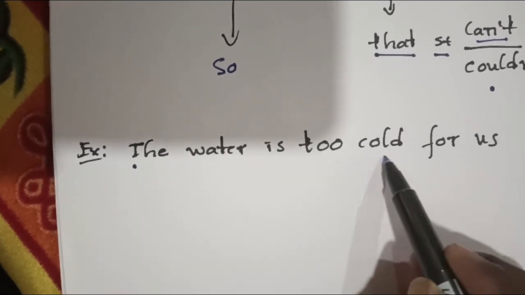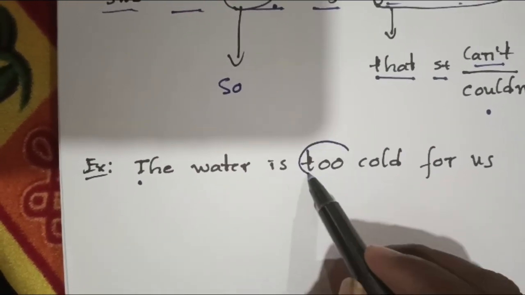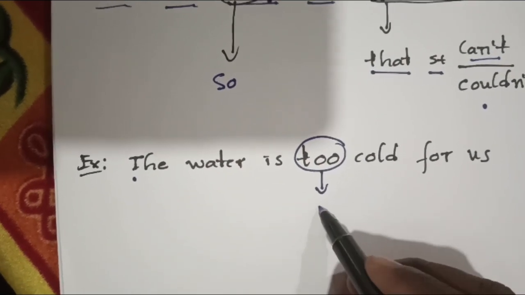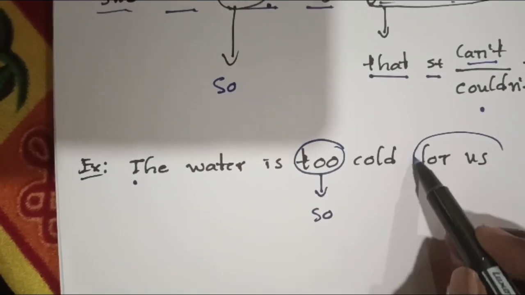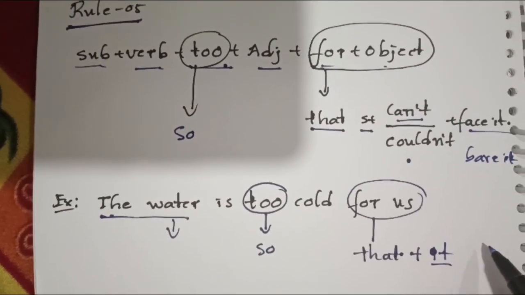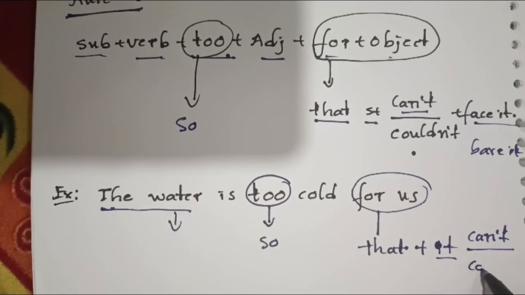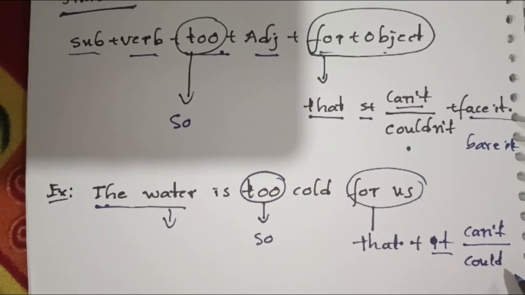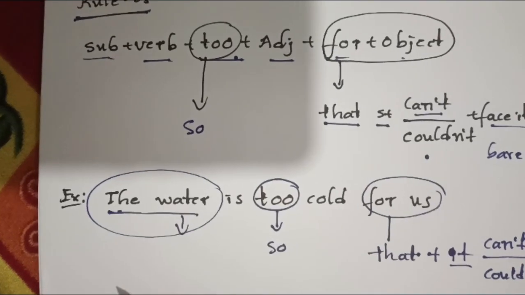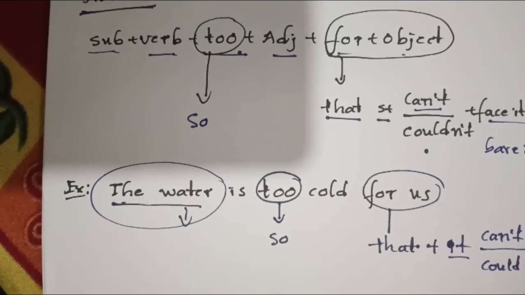The water is too cold for us. In place of 'too' and 'for us' what do we have to use? We use 'can't' or 'couldn't', according to the subject, followed by 'bear it' or 'face it'.